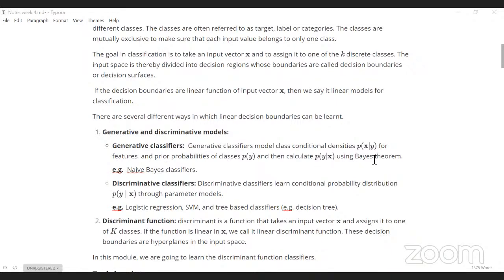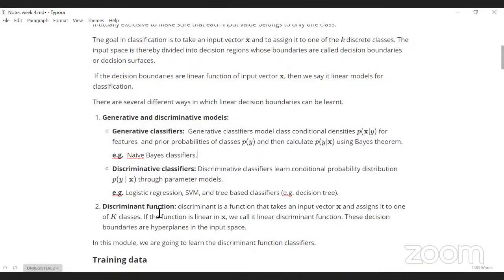We learn the probabilities of y given x using Bayes theorem in the generative classifiers, for example, the Naive Bayes classifier that we are going to learn in the coming weeks, week 6 or week 7. Next is the discriminative classifier. Again, here you learn the probability distribution p of y given x, but using some parametric models like you have done in logistic regression or SVM models.